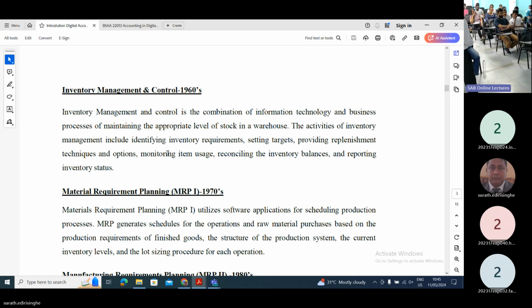You studied at A-level and in your degree: what are the levels of inventory? Maximum stock level, minimum stock level, buffer stock, EOQ, reorder level, reorder quantity. You studied, no? Everything is managed and controlled by this software. Read that part.